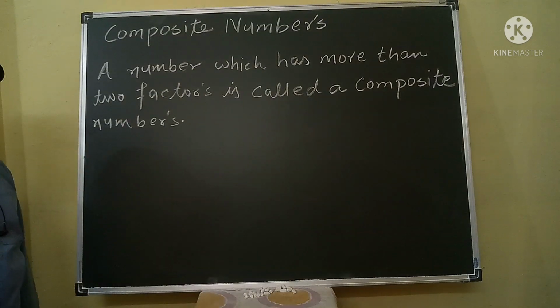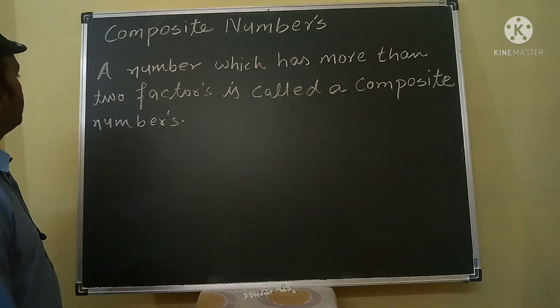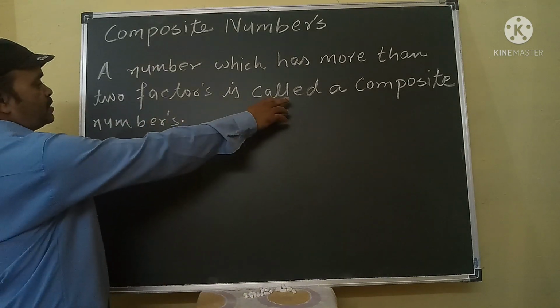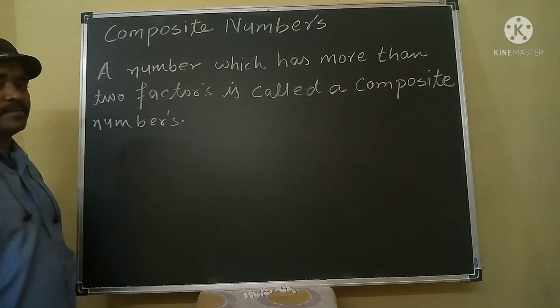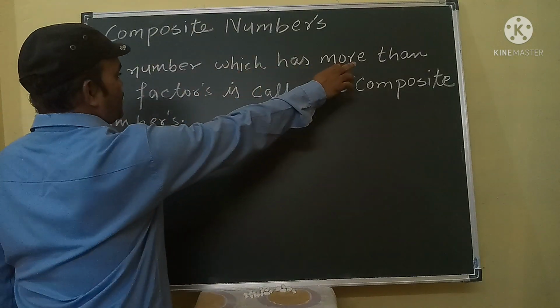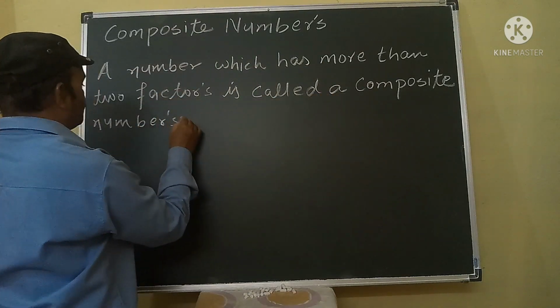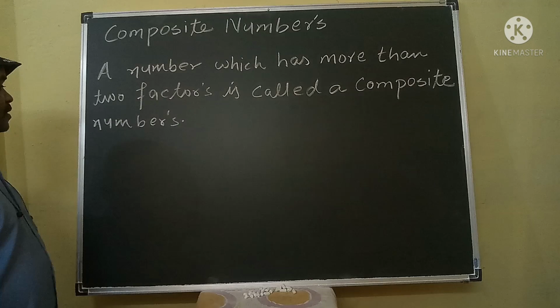What are composite numbers? A number which has more than 2 factors is called a composite number.